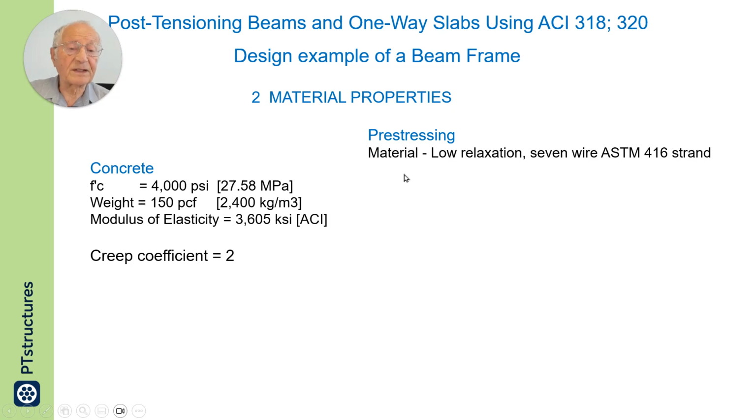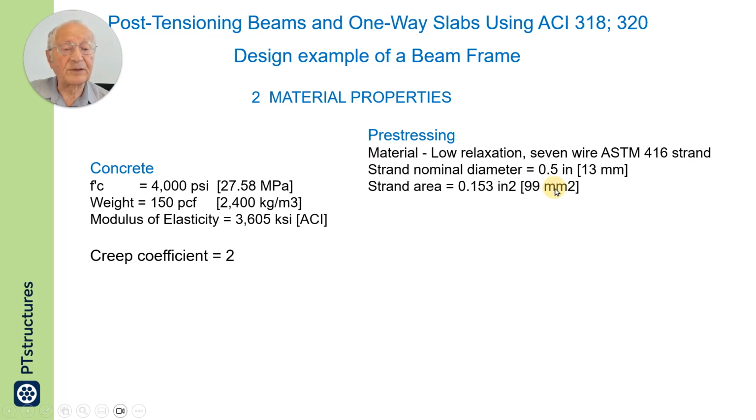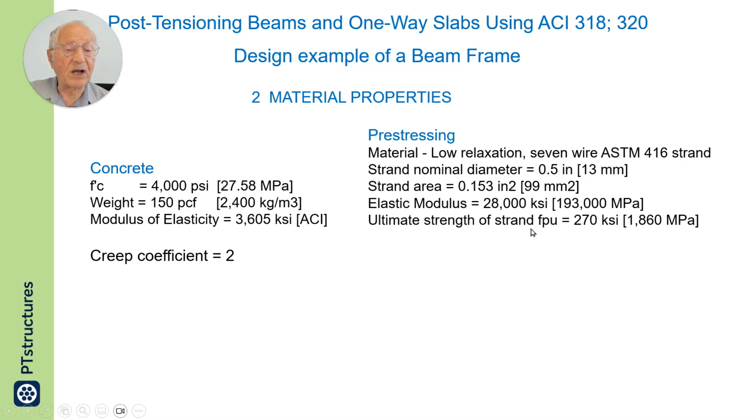For pre-stressing, 7-wire strand with this specification, half-inch diameter, strand area given with this value, modulus of elasticity of the strand, its ultimate strength is this.